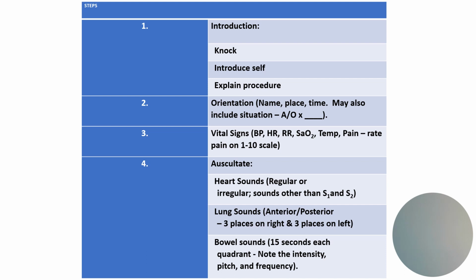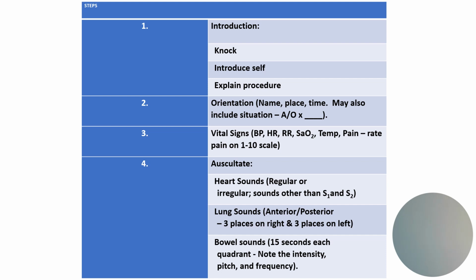Then you're also listening, do I hear the S1 and S2 sounds? In other words, when I am listening to the heartbeat, am I hearing the lub dub, lub dub? The lub is the S1, the dub is the S2. That is all you need to document on your heart sounds.